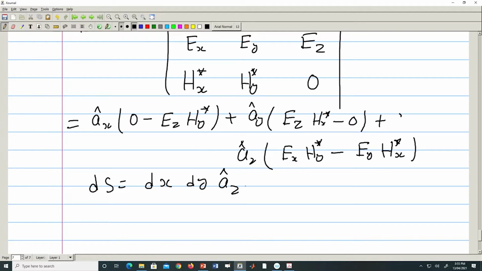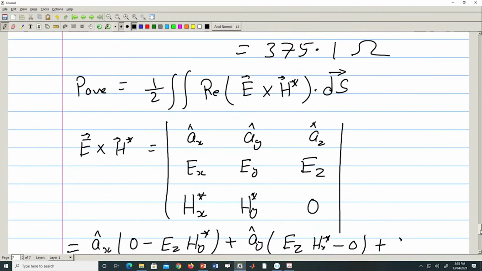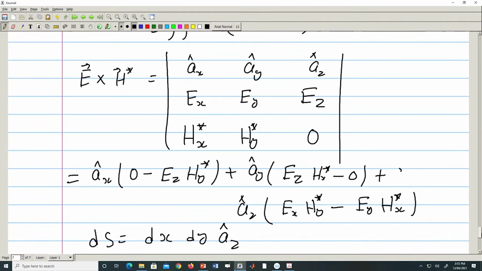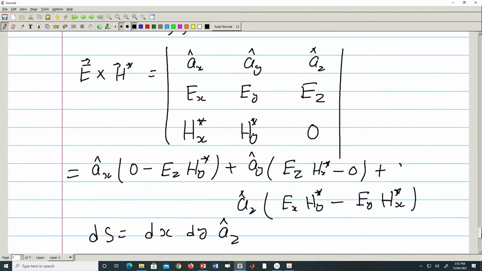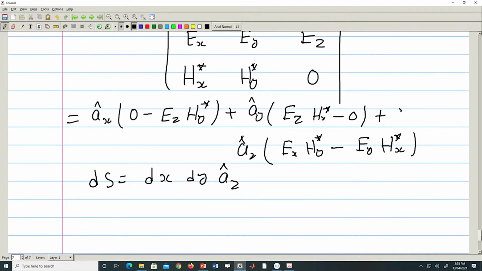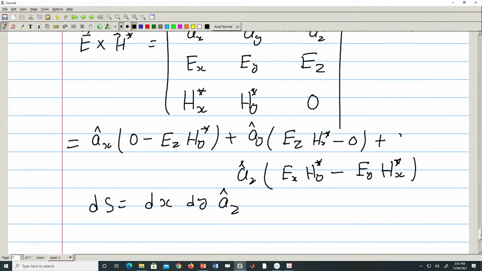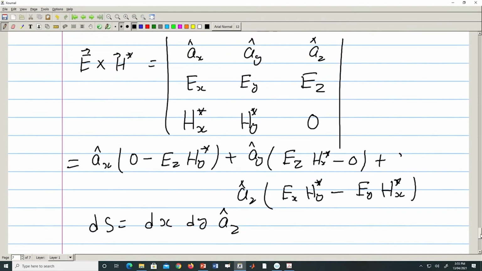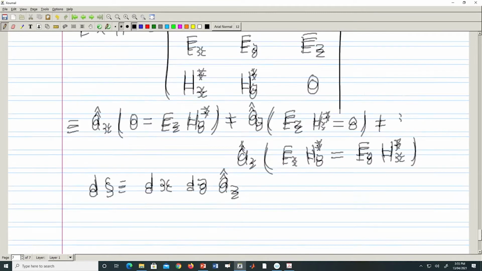If we substitute that, with the dot product here, the first part Ax and second part Ay with Az dot product will be 0, because theta will be 90 degrees, that means cos 90 is 0. Finite will be only Az dot with Az. Here the angle will be 0 and cos 0 is 1.